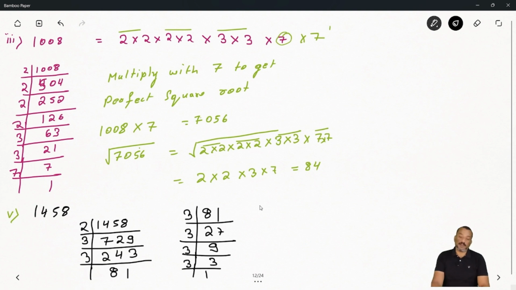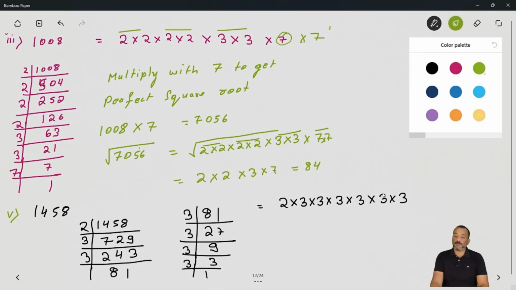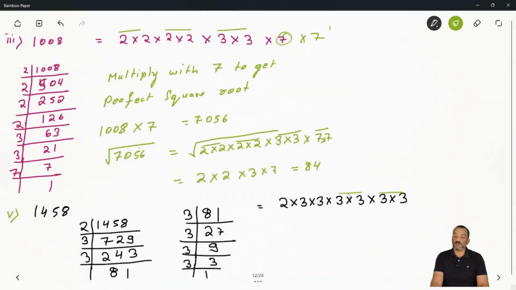So what factors will you get here? So we can write 2 times 3 times 3, and then 3 times 3, and 3 times 3. We will write all these 3s in pairs. So we can see here 3 is coming in pairs. This 3 is in a pair. This 3 is also in a pair. But what is not in a pair?